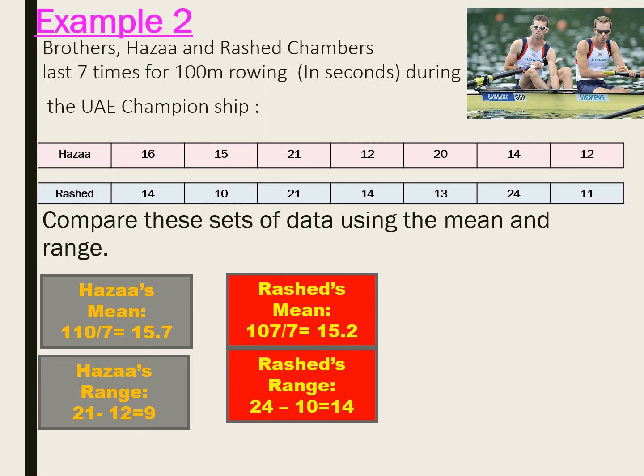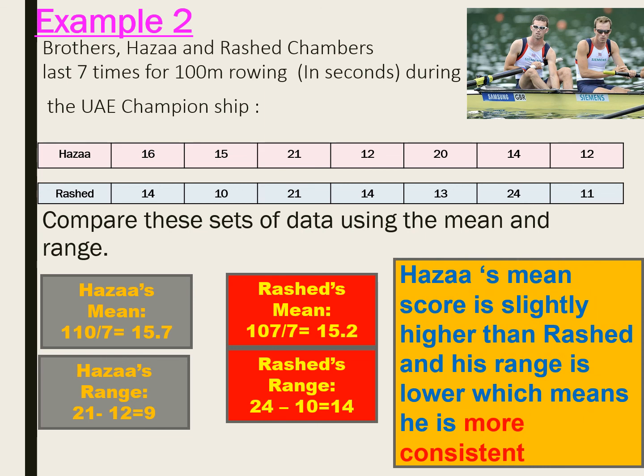Now, since he wants you to compare, not to choose, I will say Hazza's mean score is slightly higher than Rashid's, and his range is lower. Why is it lower? Because 9 is smaller than 14. Since he has the lowest range, it means he is more consistent.